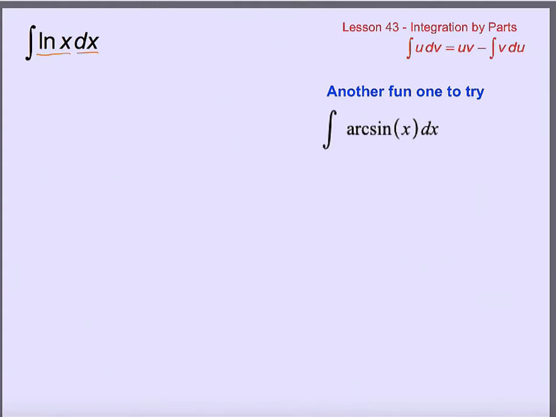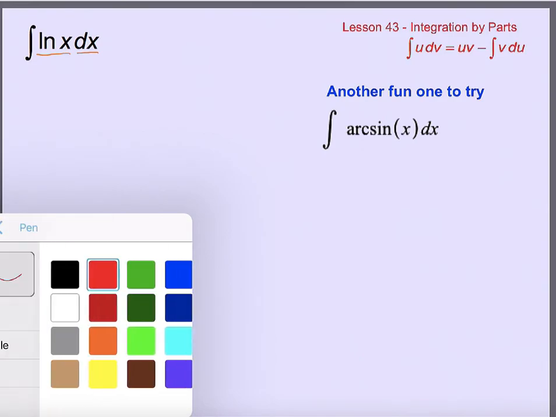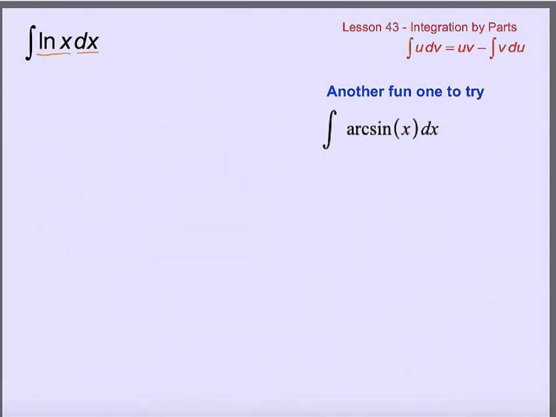One of them, the ln of x, is super easy to differentiate, and more importantly, it gets simpler, sort of, when we differentiate it. And then the other factor, the dx, is easy to integrate. You might not have guessed this one going into it. That's okay. But let's see what happens when we try it.